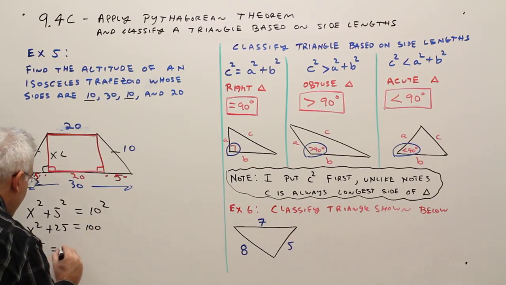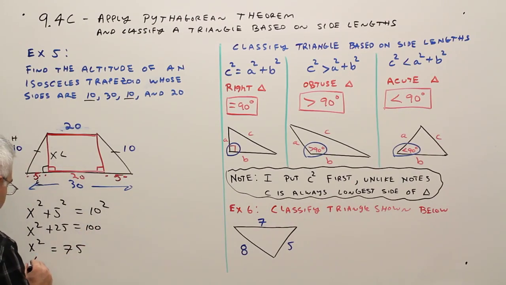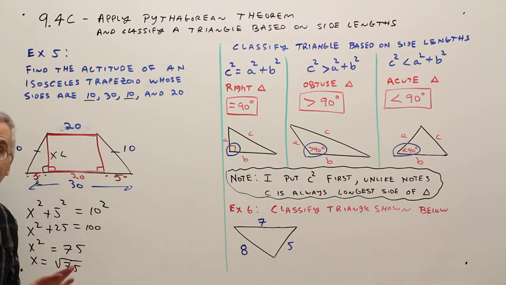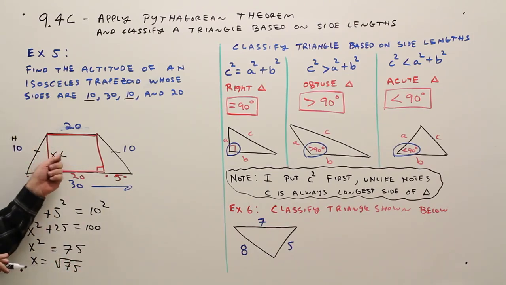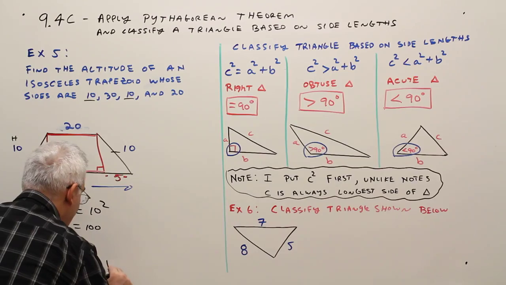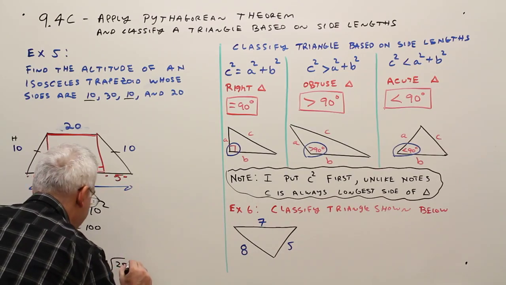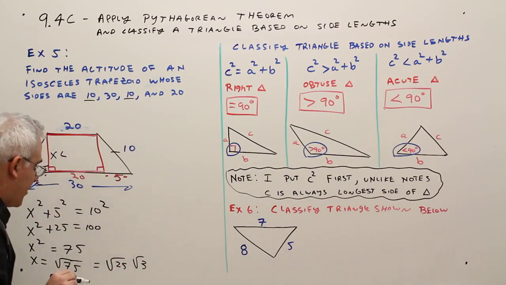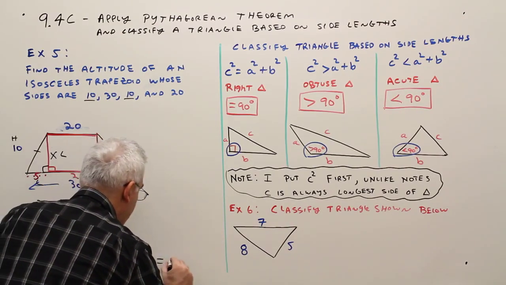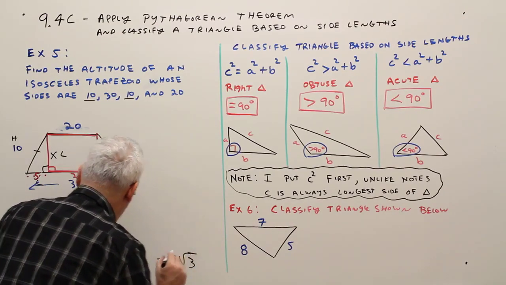X squared equals 75. X equals the square root of 75. Again, I will not do plus or minus. I can't have a negative length. And then you always want to simplify that. So that's the same as the square root of 25 times the square root of 3, and the square root of 25 is just 5. So equals 5 radical 3.